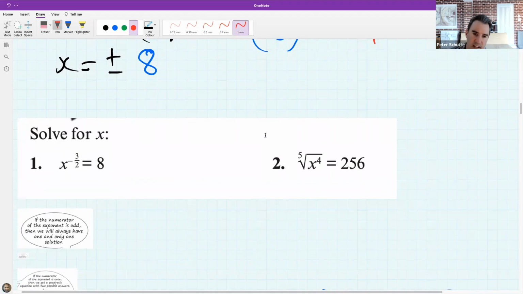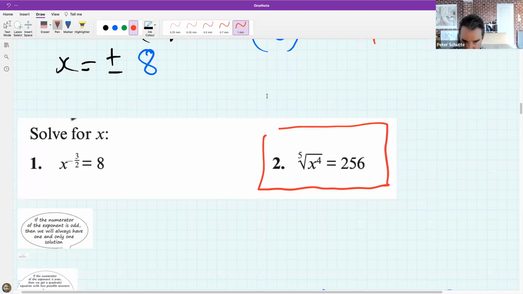We are going to try and solve this equation. But before it can be the equation I want it to be, I need someone to help me translate this from radical form or root form into exponential form. Who could tell me what this is written as in exponential form?